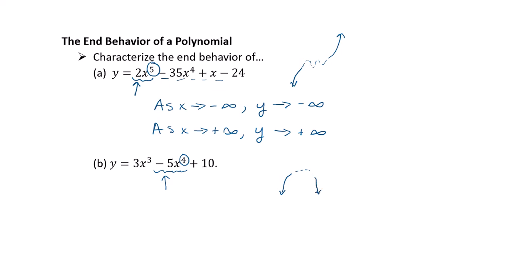With this polynomial, we could have several different kinds of loops going on in here, ups and downs, but I do know that the end behavior is that it starts down and ends down. More formally, we would write this as x approaches negative infinity, y approaches negative infinity, and as x approaches positive infinity, y approaches negative infinity.